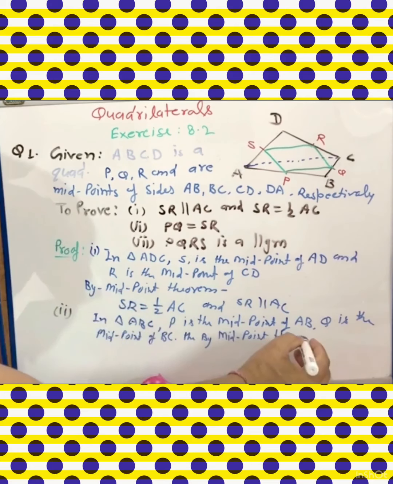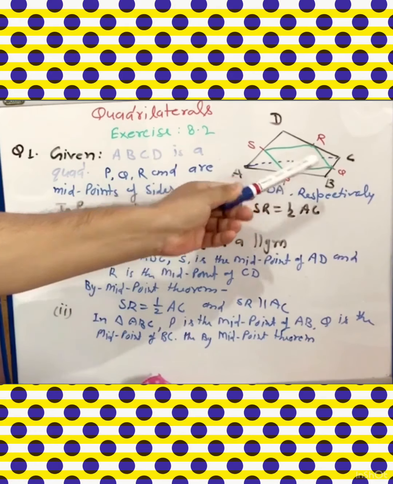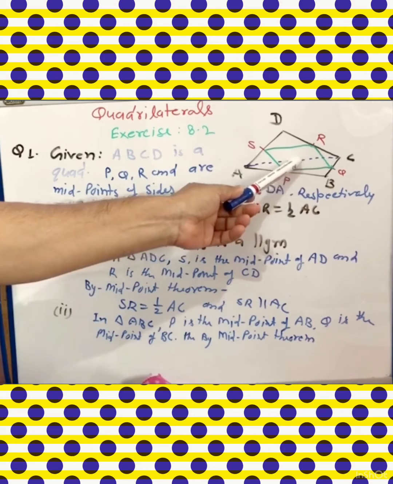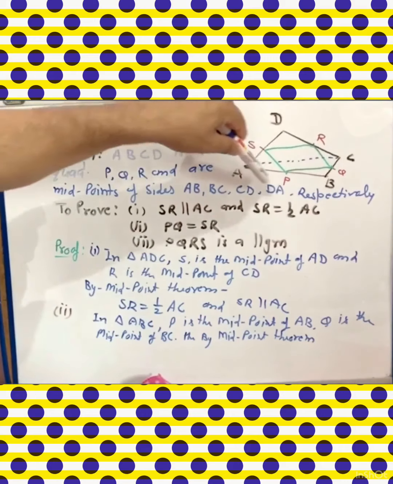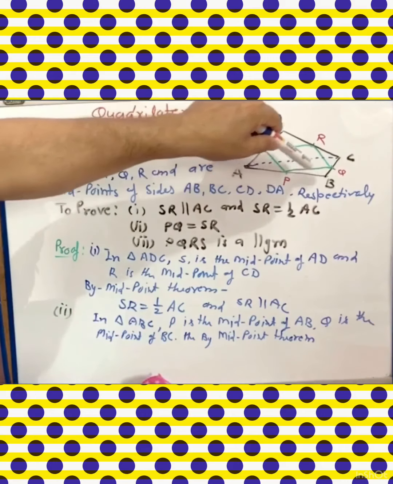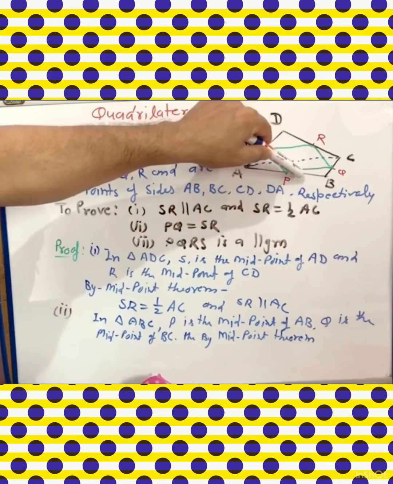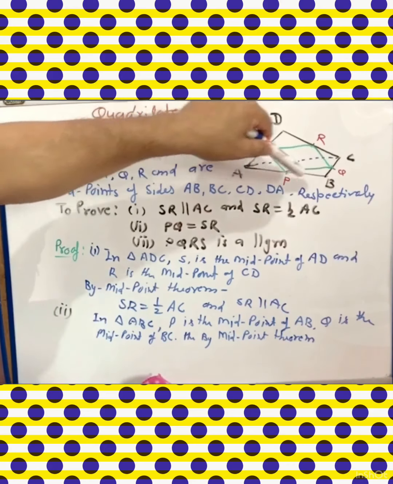So what you say is that PQ is half of AC and PQ is parallel to AC. Again you can see that this is a triangle, and P and Q are the midpoints of sides AB and BC.